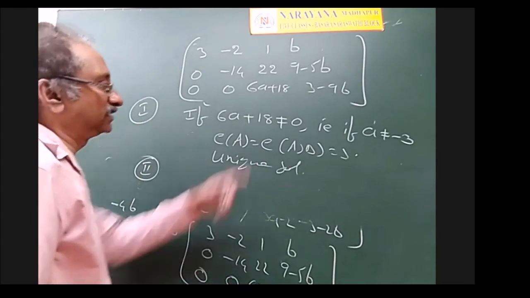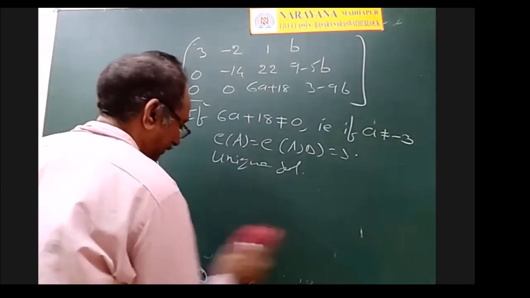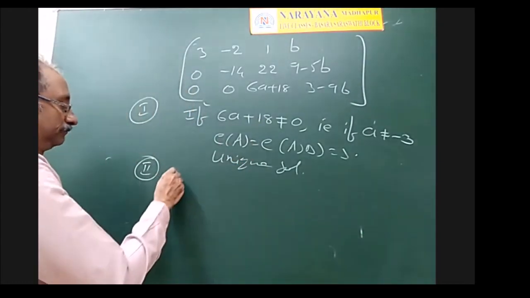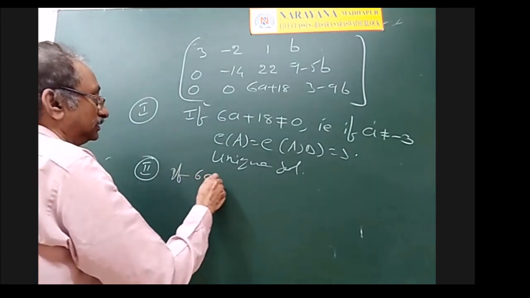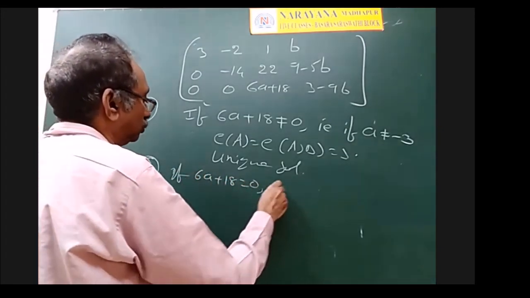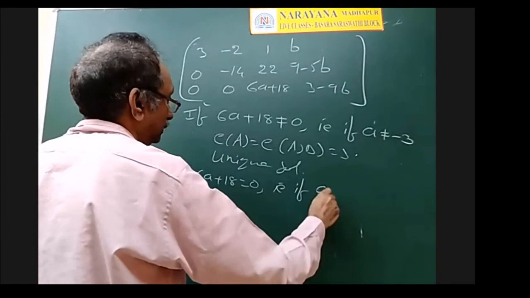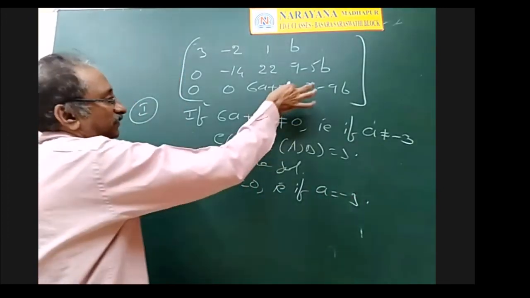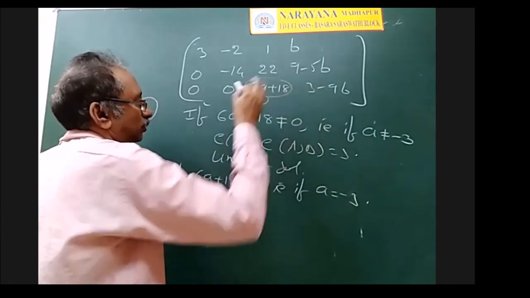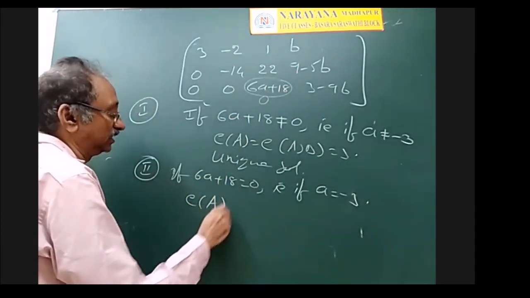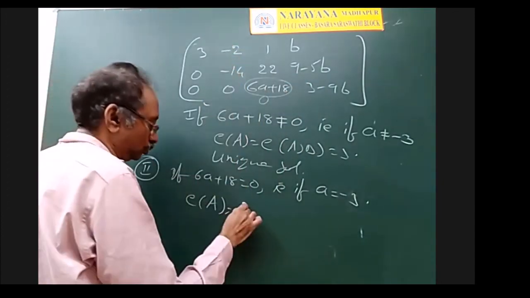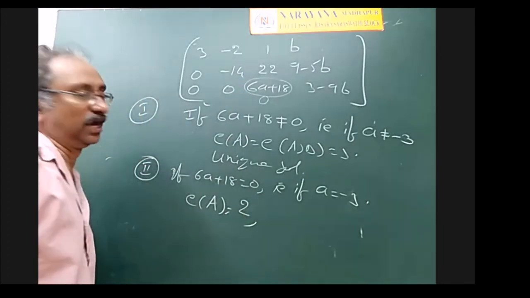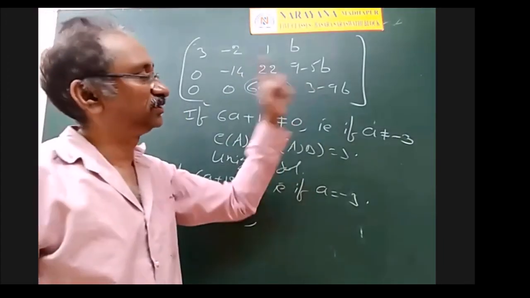And what is case 2? What happens if A is equal to minus 3? So if 6A plus 18 is equal to 0, that is if A is equal to minus 3. And now you tell me, if A is equal to minus 3, this becomes 0. So rank of A is number of non-zero rows, only 2. And now the question arises, whether this is 0 or not.